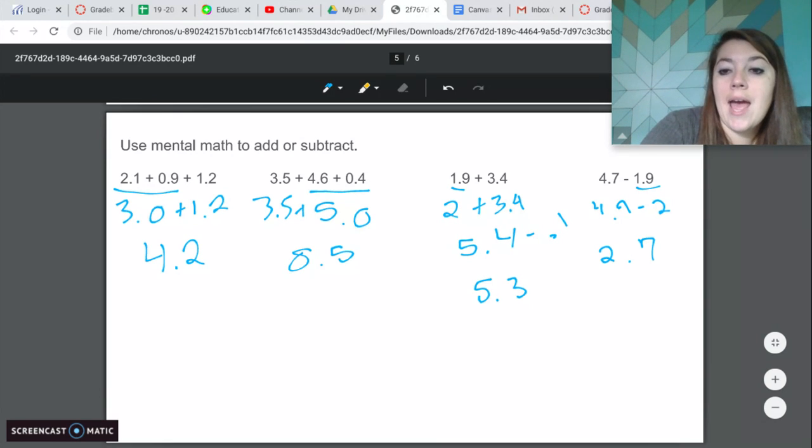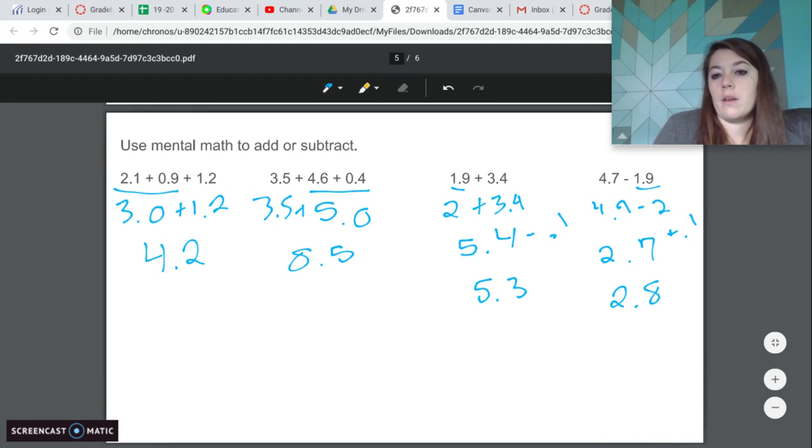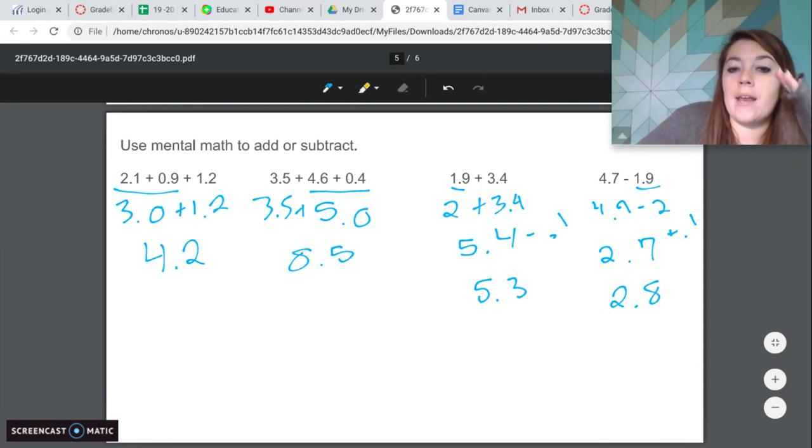So I need to add 1/10 to this, so we end up with 2.8. So once again, got to be careful with the adding. If you add a value on in the original addition problem, you're going to subtract to get your final answer. In subtraction, if you add a value on, you're going to end up adding it on in the end as well. So keep that in mind.